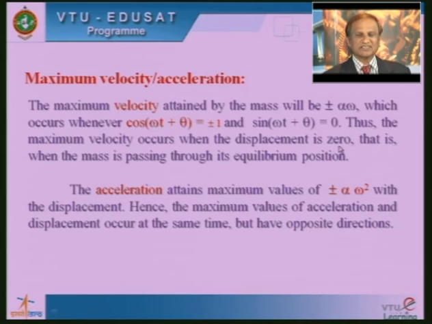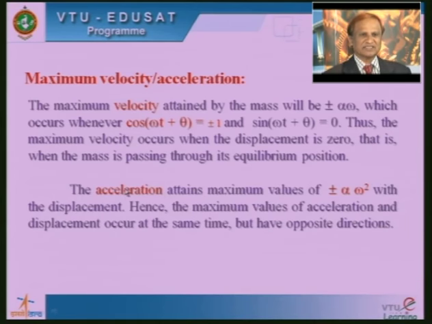Thus, the maximum velocity occurs when the displacement is 0. I have already shown this yesterday along with the diagrams. That is when the mass is passing through its equilibrium position. At the equilibrium position we said that the displacement is 0.